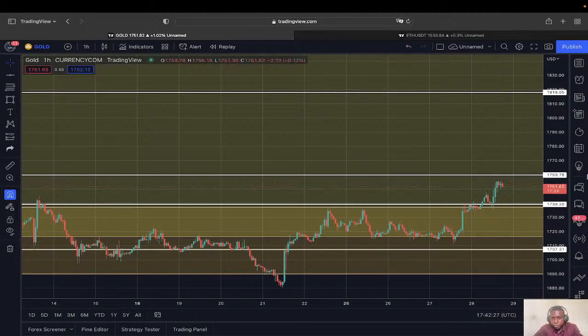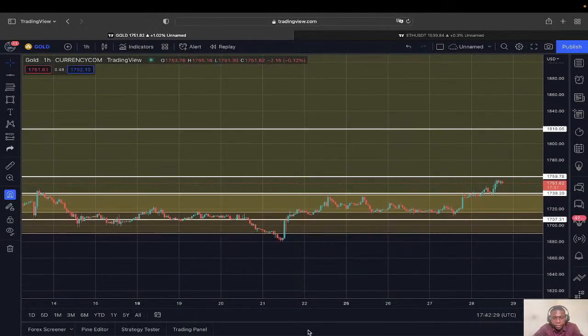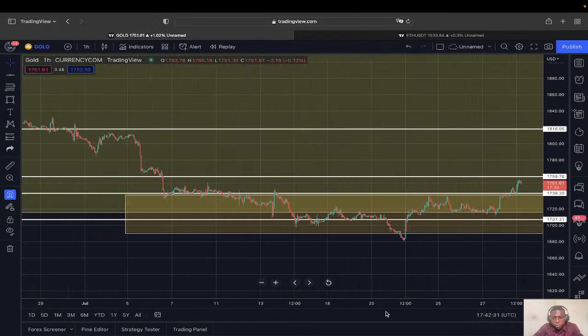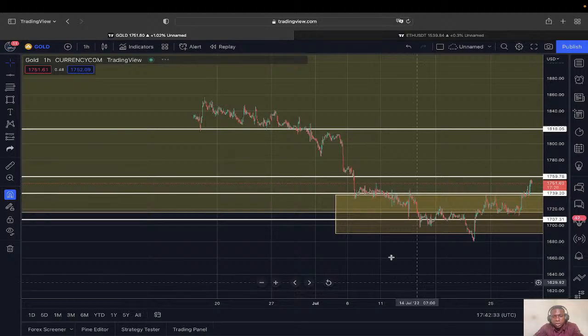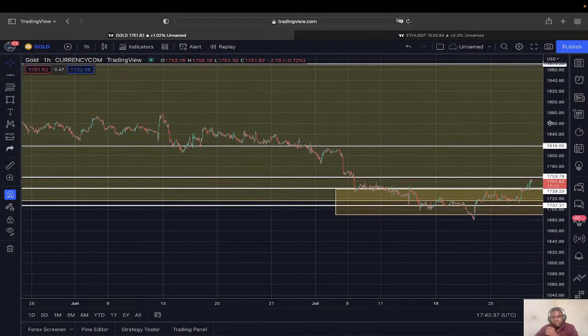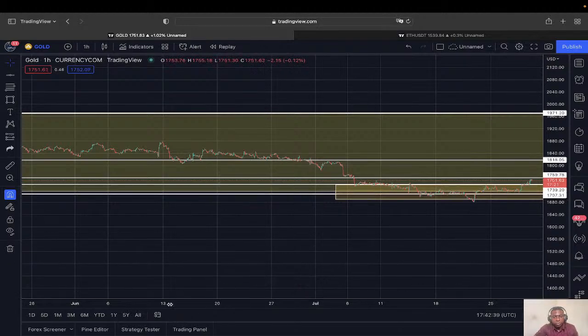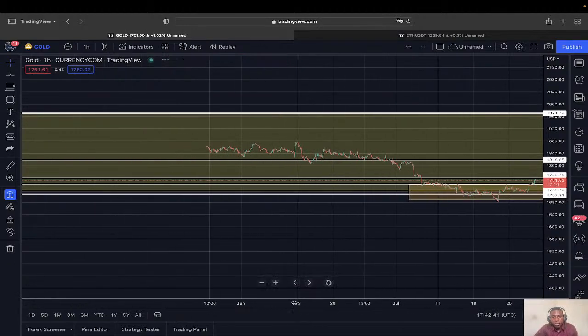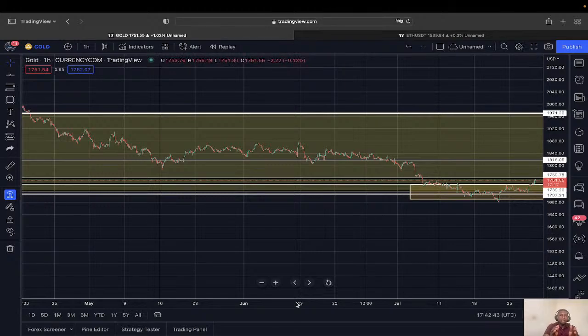So from here, the question is this. It's quite obvious that we've been able to map out areas we need to watch so as to observe potential profit.